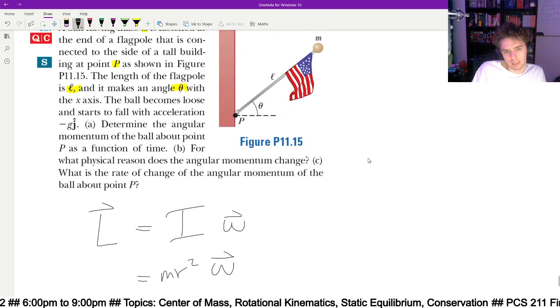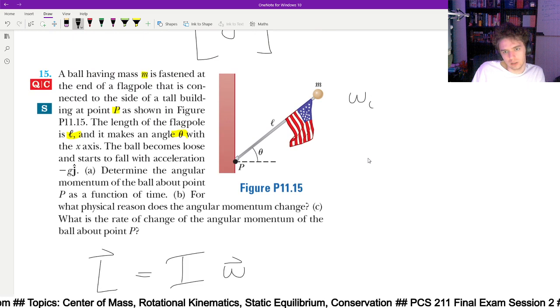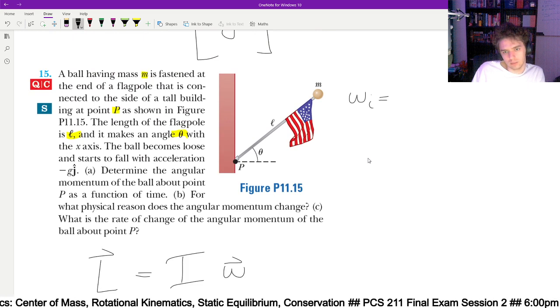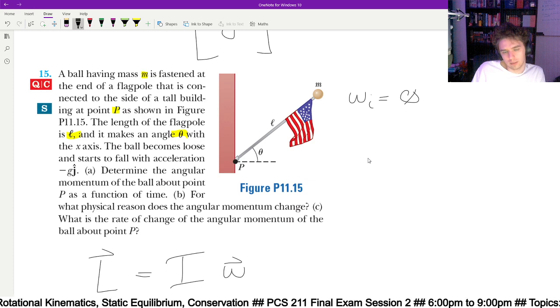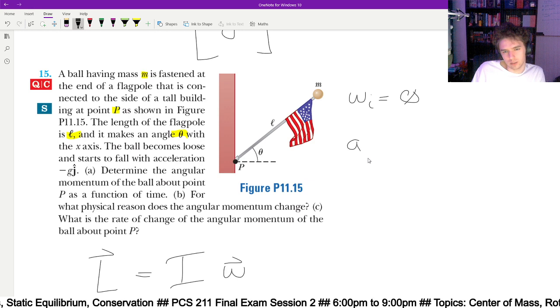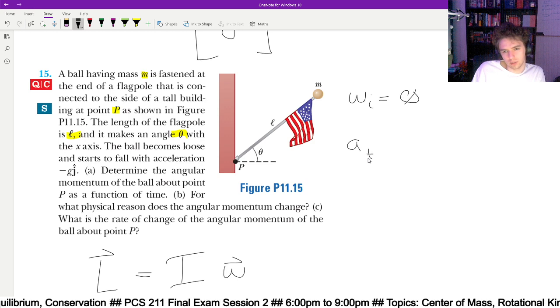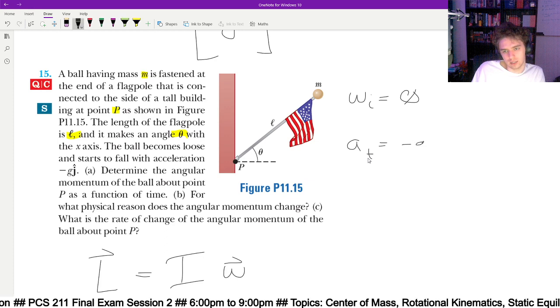What's its speed at time t? Speed as a function of time. Well, we know its initial angular momentum is 0. Do we know its tangential acceleration? Yeah, I think we do. Tangential acceleration is negative g.